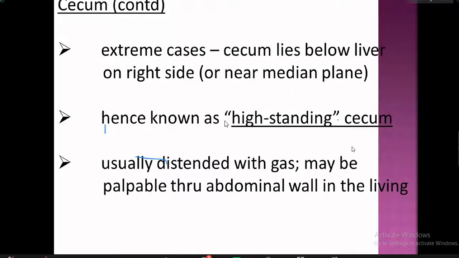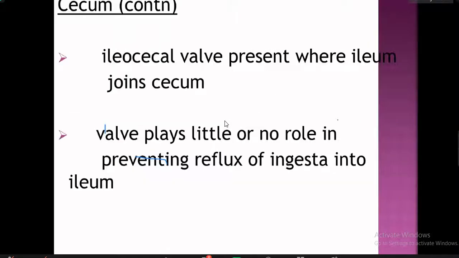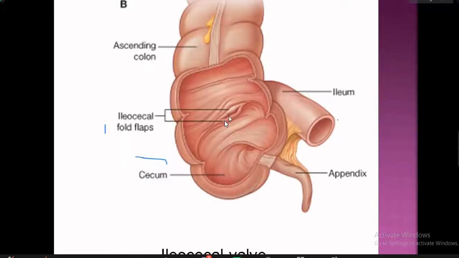So, like here, you have a high standing cecum. Now you have a valve at the ileocecal junction here, which prevents contents of the colon or large intestine from going back into the ileum.